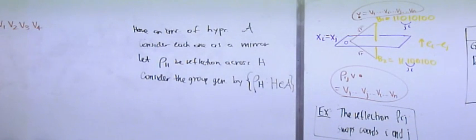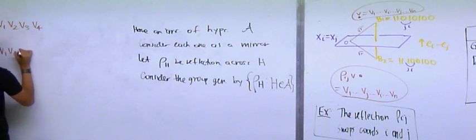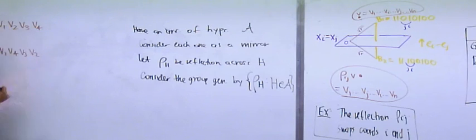What happens when I reflect across 2, 4? Well, I get the guy that swaps coordinates 2 and 4. Now what happens when I swap 1 and 4? Well, it swaps the first and the fourth coordinate.